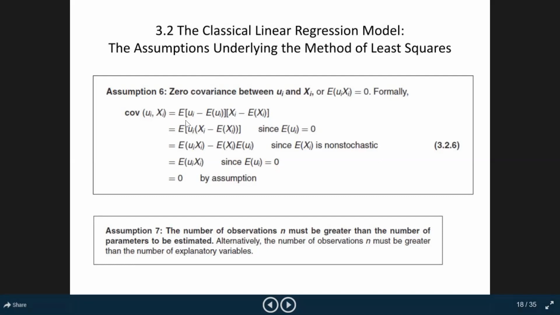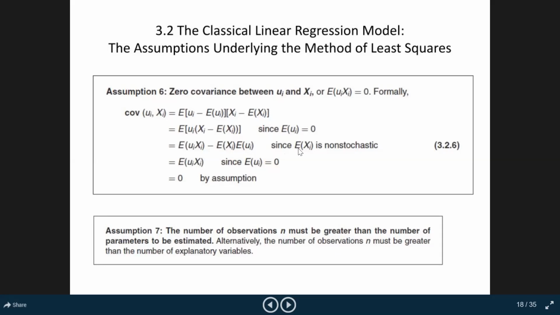So we have expected value of ui, which is 0, and ui multiplied by xi minus expected value of xi. So ui multiplied with x, ui multiplied with expected value of ui xi and expected value of ui and expected value of xi.